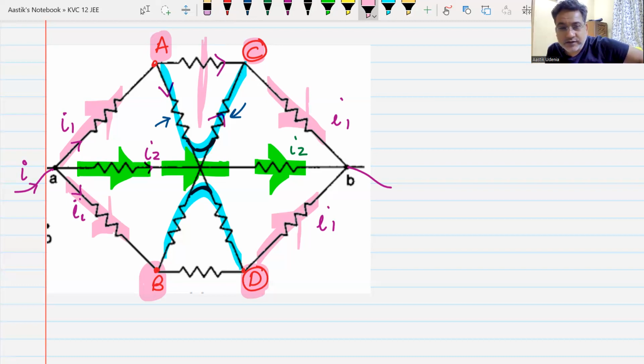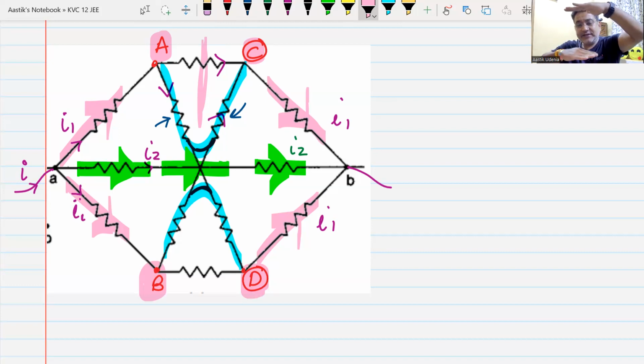It becomes 2R by 3. Yes or no? Yes, sir. Then this 2R by 3 is in series with the other two, so that becomes 8R by 3: 2R by 3 plus 2R. So the resistance of the upper branch becomes 8R by 3. The resistance of the lower branch becomes 8R by 3.